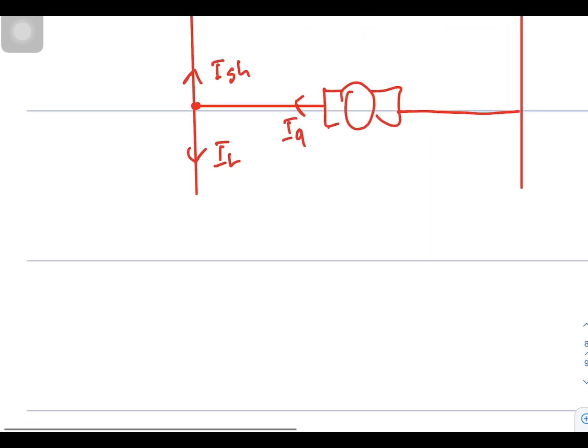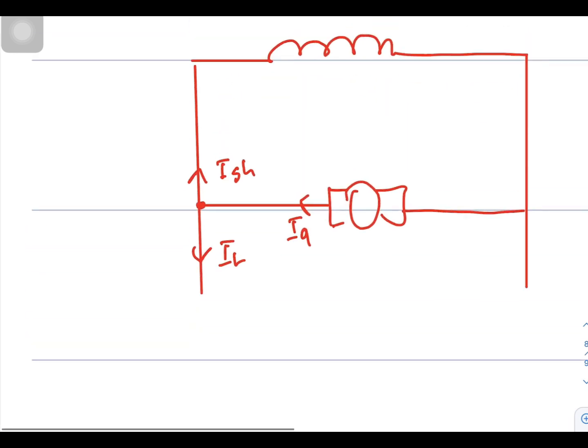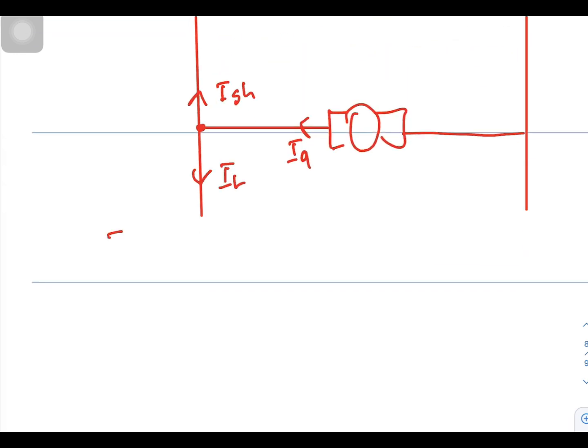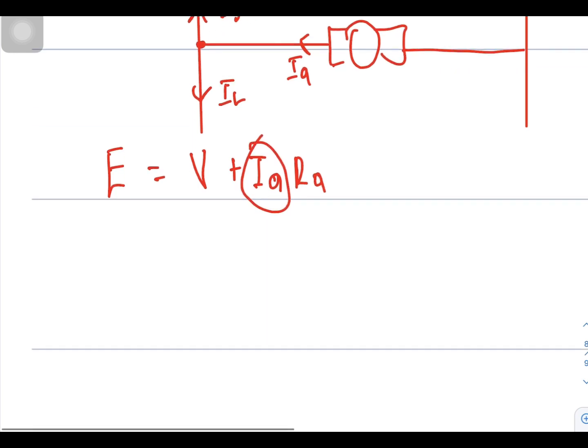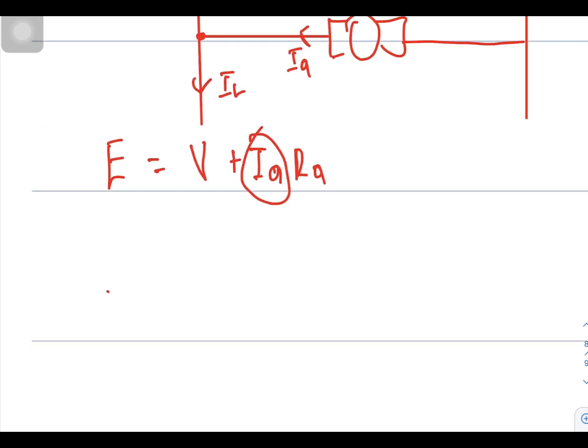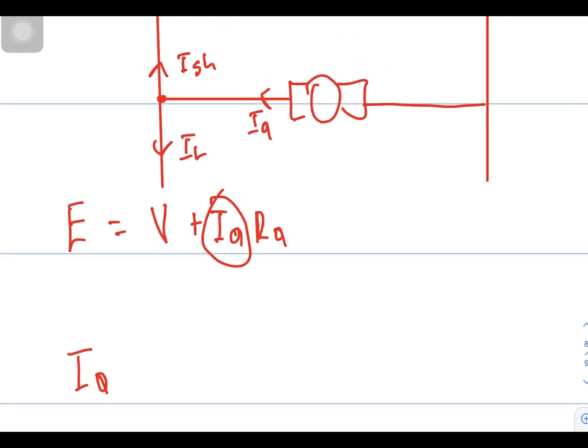So if I have to remember the EMF equation of a generator, it says E is equals to V plus IA RA. If I have to find IA, I would simply say IA at the shunt. This is at the shunt, because the current at the shunt is not the same.